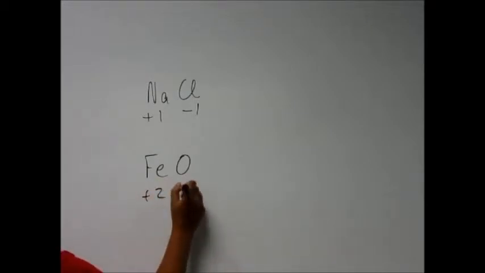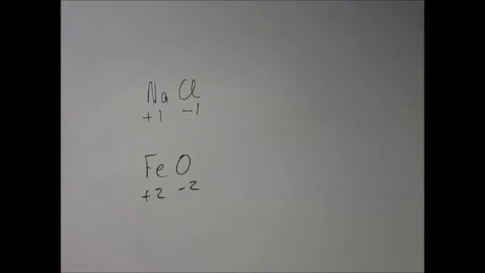So here, iron is going to be +2, because oxygen is -2, and oxygen doesn't change. There's only one compound where oxygen is going to change, and that is peroxide, which we will work out later on. But for the most part, for oxidation numbers, you always start with something that you know, and then you work your way backward from there.